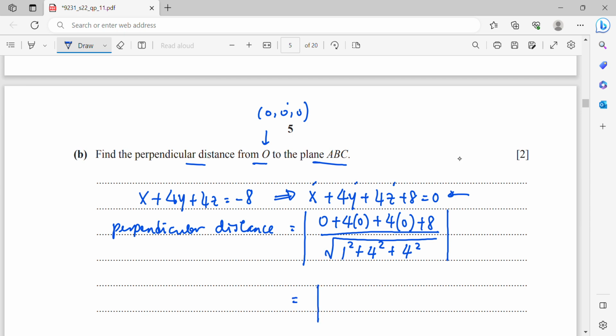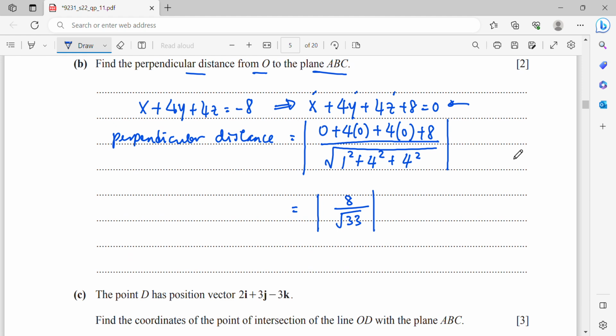So from here, the numerator is 8. So 1 square plus 4 square is 17, plus another 16, so it will be 33. Okay, so you can leave your answer in this form, or you can calculate to 3 significant figures to get 1.39. So that is the perpendicular distance from the origin to the plane ABC.